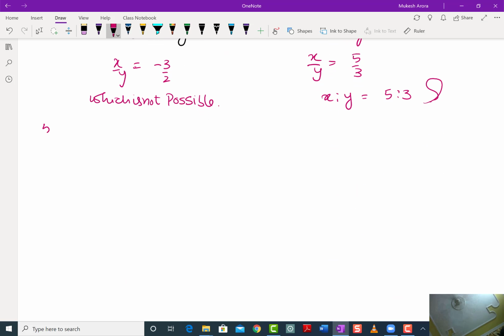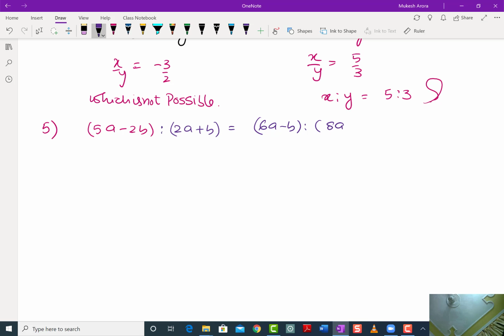So question number 5. Question number 5 is again some sort of the same sum, that is 5a minus 2b ratio 2a plus b is equal to 6a minus b ratio 8a minus b.